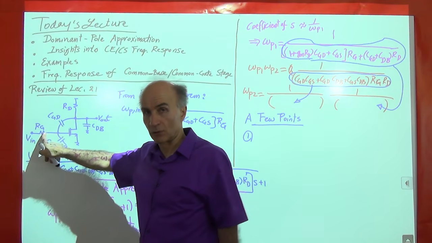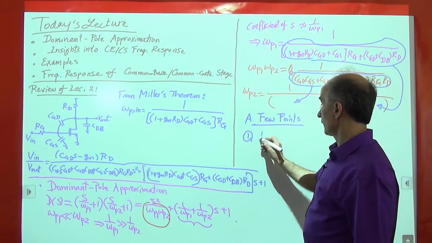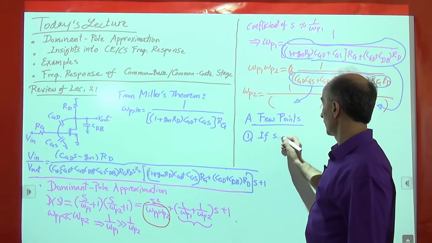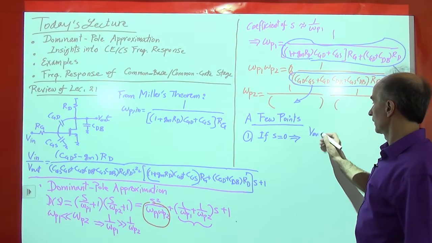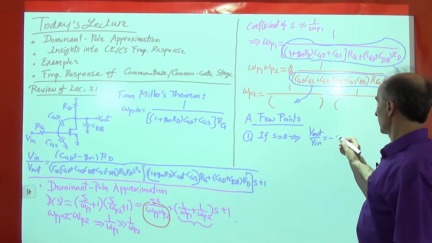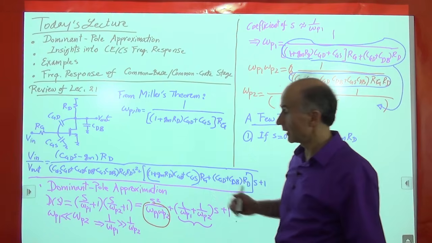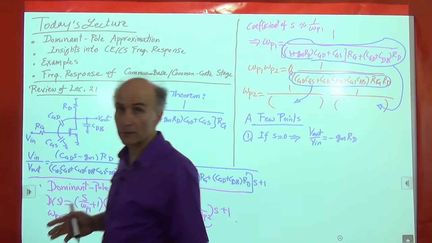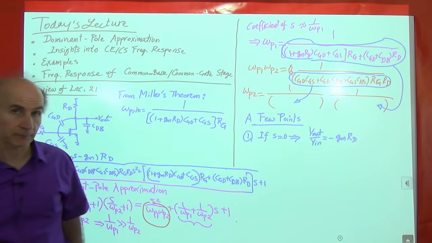So RG plays no role, only at low frequencies. So we say if S is 0, then V out over V in is equal to minus GMRD, as expected. Okay, so at least that part of the equation checks out, right? It shows that we haven't made a mistake, at least for low frequencies.